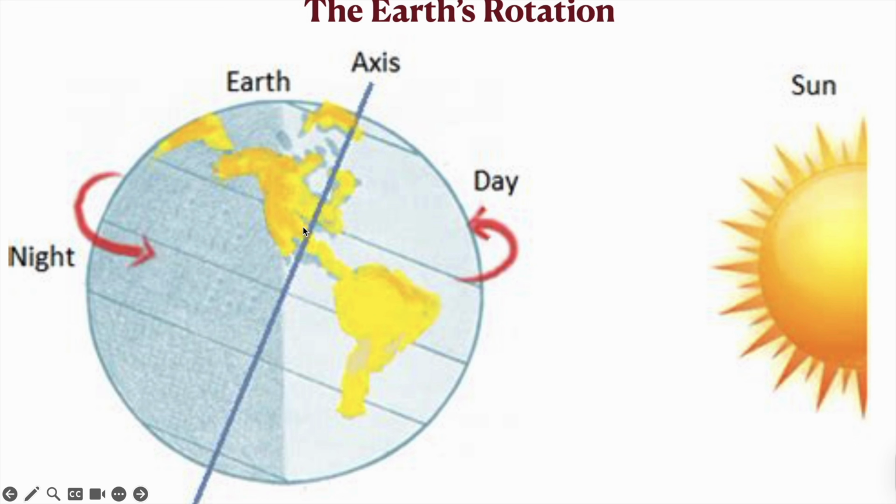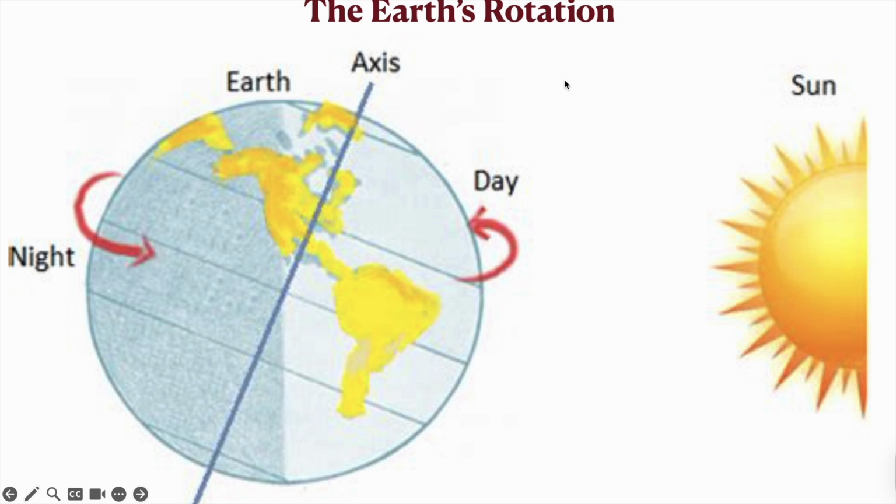So anytime Texas comes around and is in contact with the sun, that's day. But once this part of the world goes around and ends up on this side, this is night because it is not facing the sun. What causes night and day? The Earth's rotation. Always remember that.